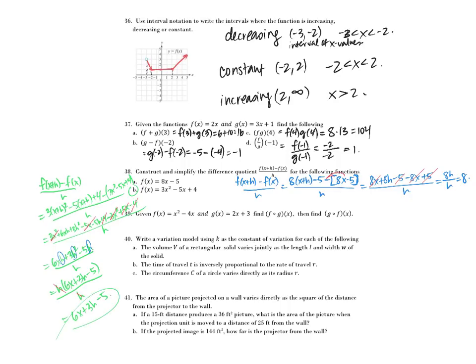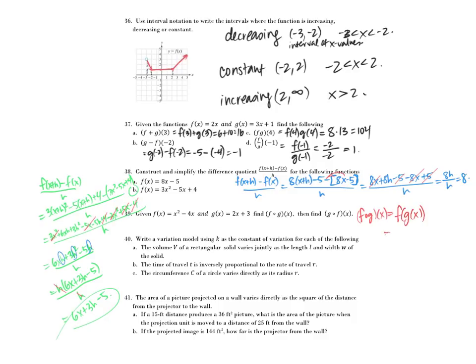The next one, I have f and g. I want to find f composed with g and g composed with f. So f composed with g of x can be rewritten as f of g of x.